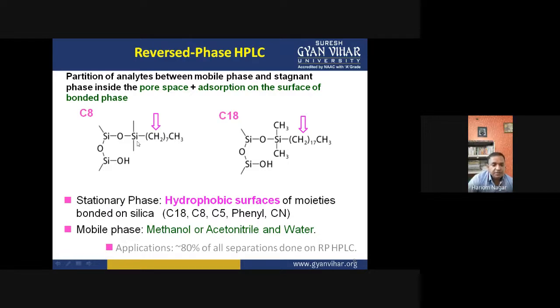This is called the octyl silane stationary phase. The second is the C18 column, or C18 phase, where the hydrocarbon chain attached to the silica support contains 18 carbons. So this is called the C18 column.